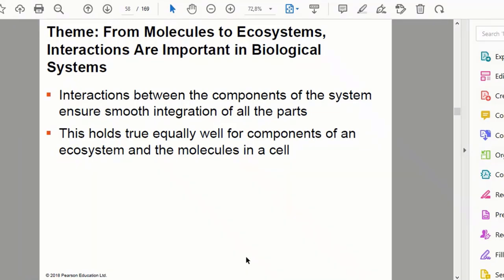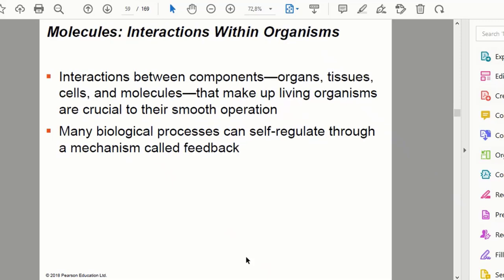Interaction between components of the system ensures a smooth integration of all the parts. This is equally true for components of an ecosystem and all the molecules in a cell. So there is also interaction within organisms. This is interaction between components.